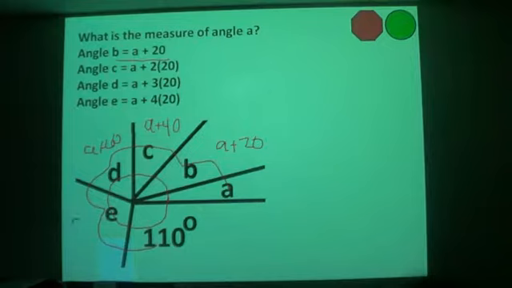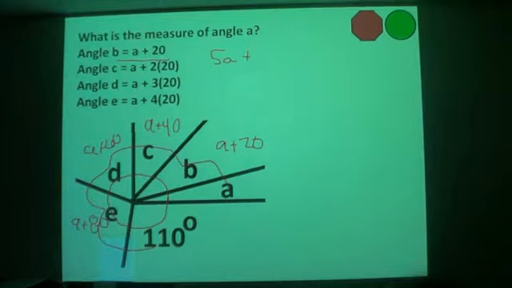And E, that's just A plus 80. So we have 1A, 2A, 3A, 4A, 5A. So we have 5A plus 20 plus 40 plus 60 plus 80.